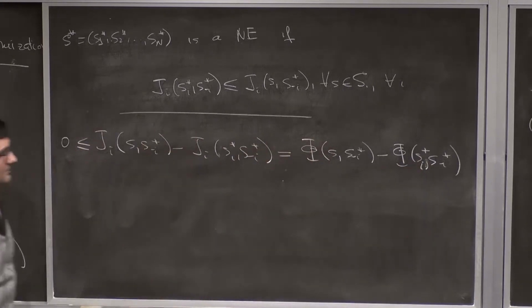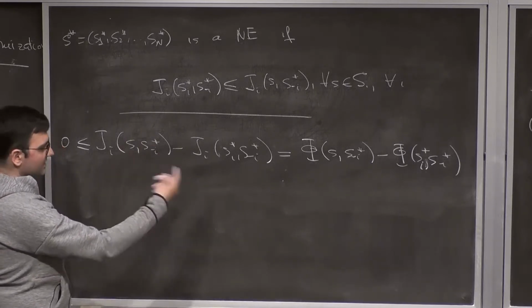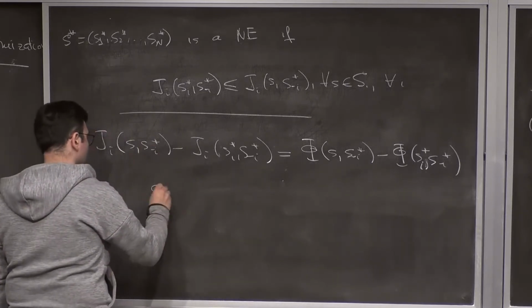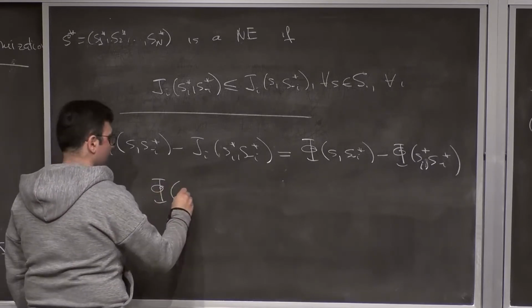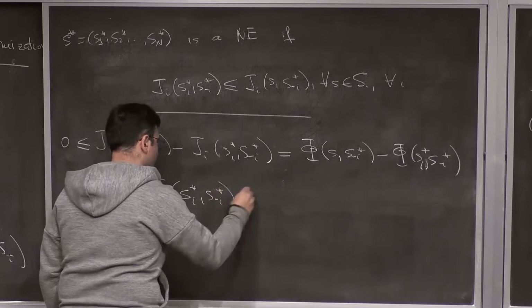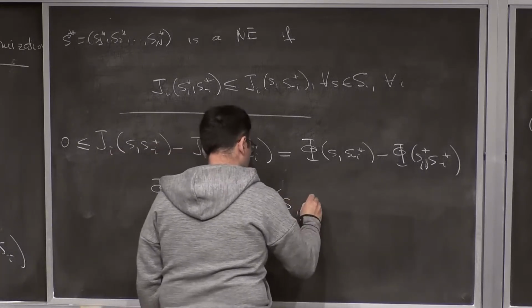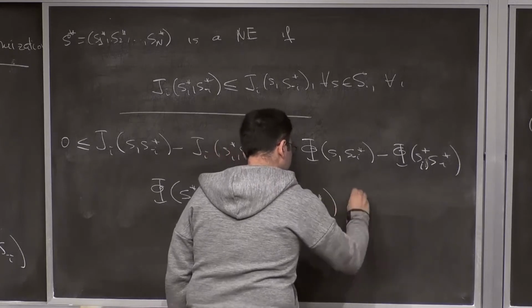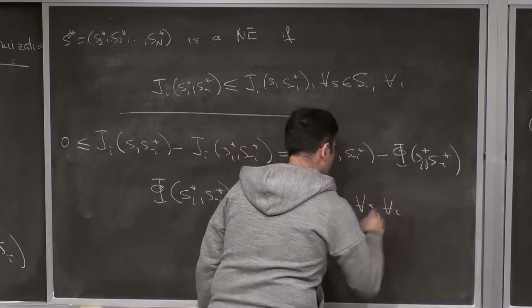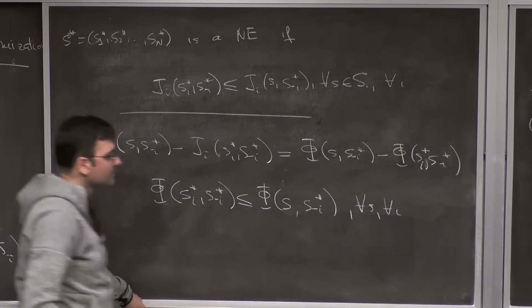Yes. So we'll have that S star in a potential game is a Nash equilibrium if phi(S_i star, S minus i star) is smaller or equal than phi(S). Okay, and let's try to understand what this is.